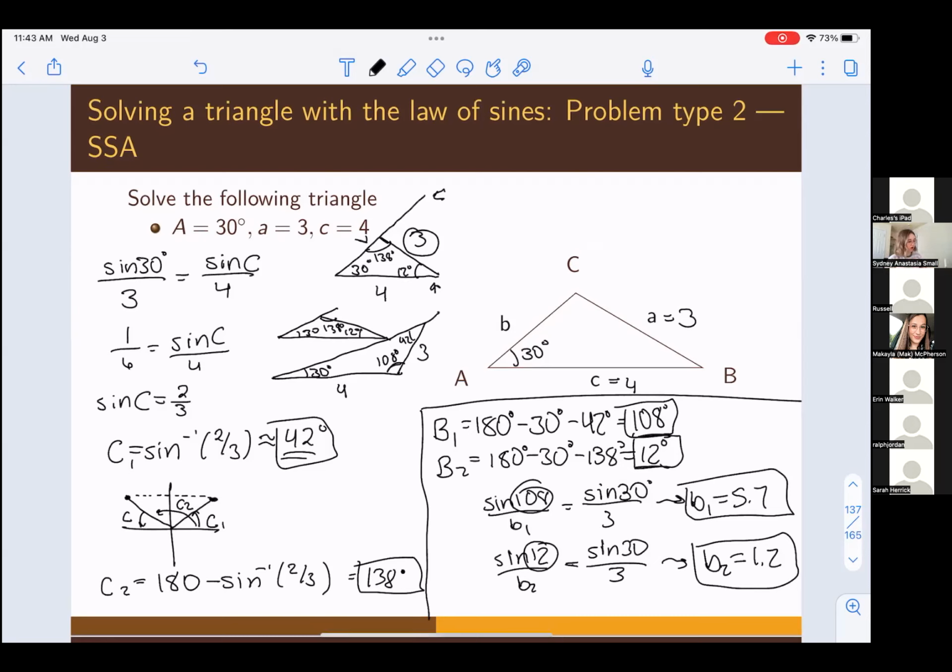So we can think about our side length B here as being kind of a pivot. It can be going inwards like this, or we'll always be able to rotate it and flick it out. Also, still having it intersect side C, still having A being 30 degrees, side A being 3, and side C being 4. However, it's a different triangle.